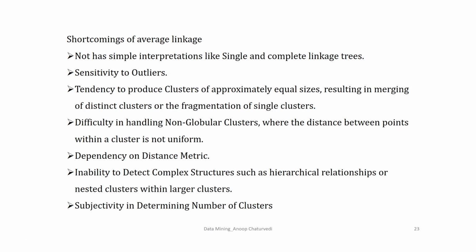Further, the shortcomings of average linkage clustering are: it does not have a simple interpretation like single and complete linkage trees, and then it is also sensitive to outliers. Of course, it has the advantage that you are using all the pairs, whereas in single linkage and complete linkage we just use one pair of observations from each cluster to compute the distance.